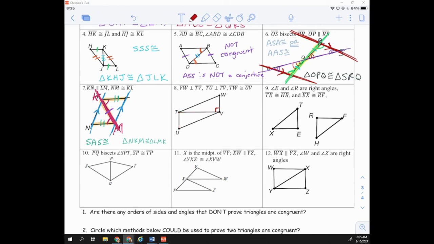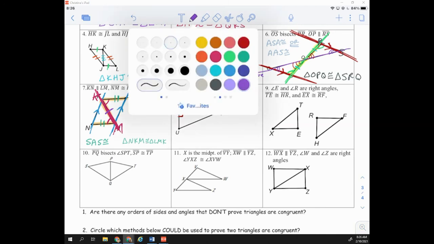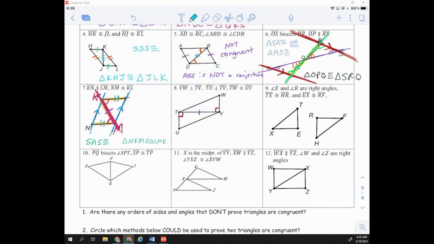So that tells me there's a right angle right here. We know that a side has to match itself. And then we're also told that TW is congruent to UV.